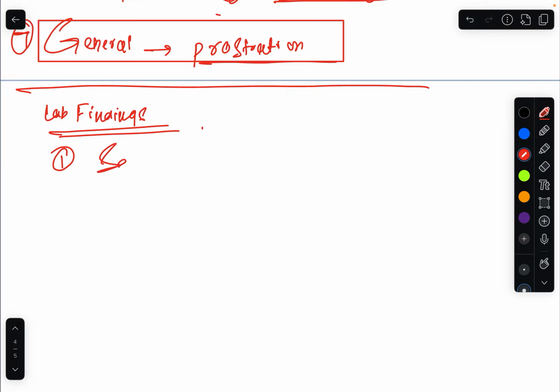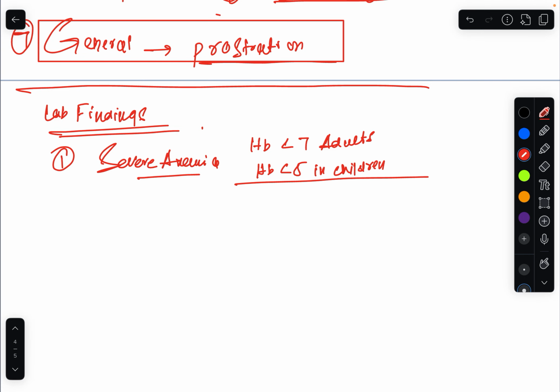First is severe anemia. If the HB is less than 7 in adults and less than 5 in children, it is a marker of severe anemia.